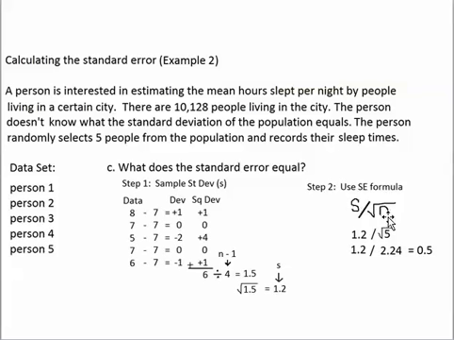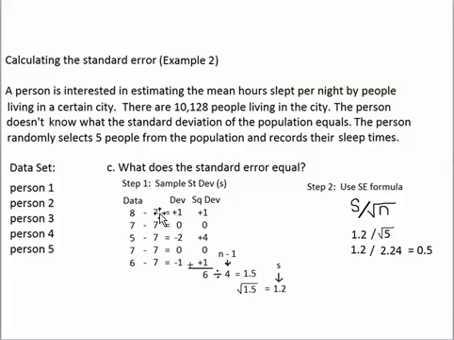Before we can use this formula, we have to actually calculate our sample standard deviation S based on our data. So what we do is we take our 5 answers from the 5 people, we take the 5 sleep times, and we plug those into the sample standard deviation formula. To get the standard deviation, we subtract each answer by the mean.